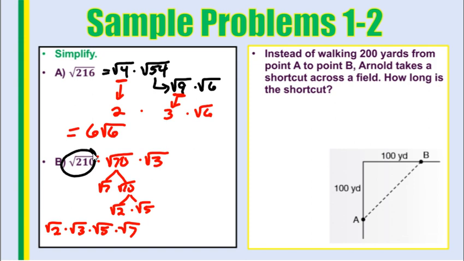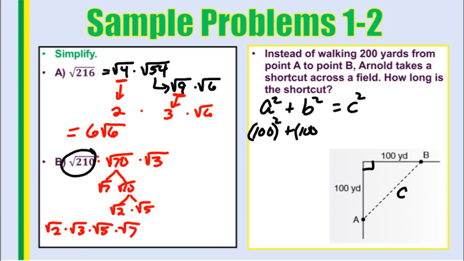Now for this one, since we have a right triangle and we're given our legs, we can use the formula a squared plus b squared equals c squared, the Pythagorean theorem. Your two legs are your a's and your b's. We need to find the c. So if a is 100 and b is 100, we need to find out what c squared is.